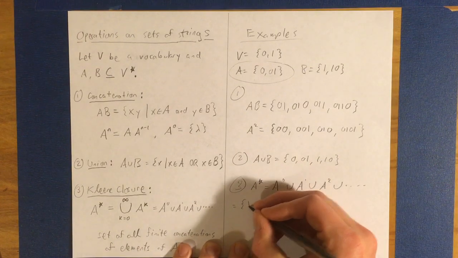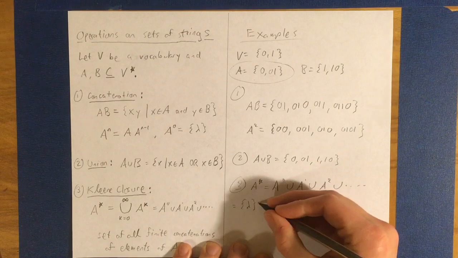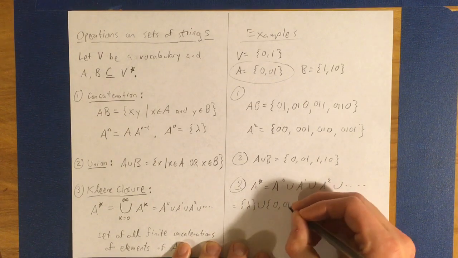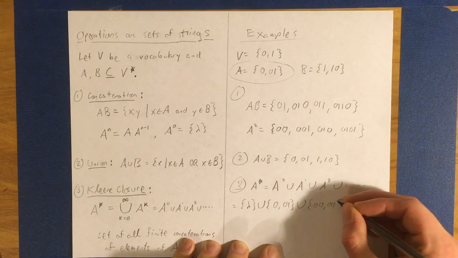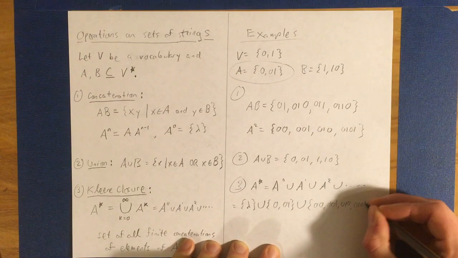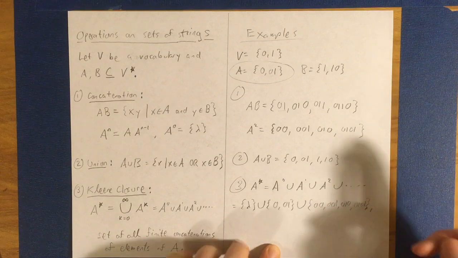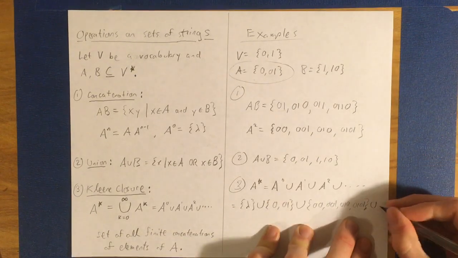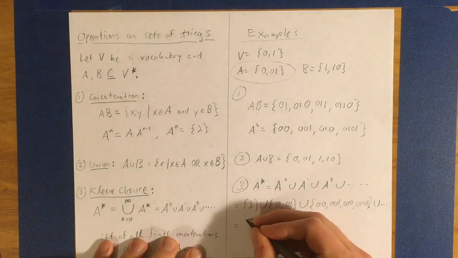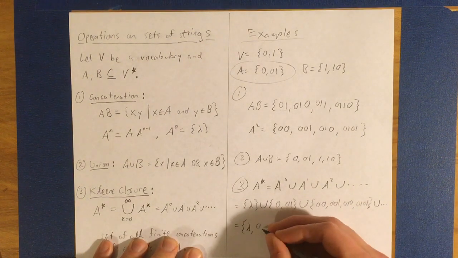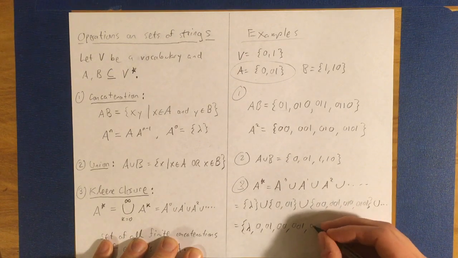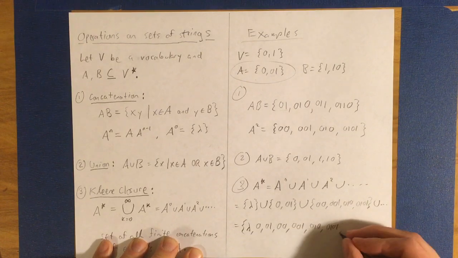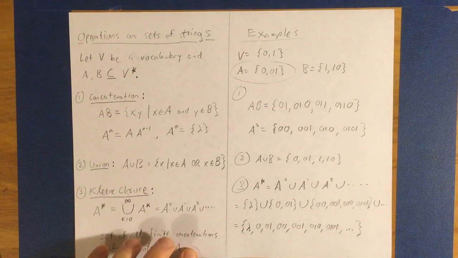So we're going to have A to the 0, which is the set containing lambda, union with A itself, 0 and 0, 1, union with A squared, which we figured out earlier, 0, 0, 0, 0, 1, 0, 1, 0, 0, 1, 0, 1, and then union, etc., forever, greater powers of A. So this produces a single set with all of these elements in it. And there we go. That's the Kleene closure.